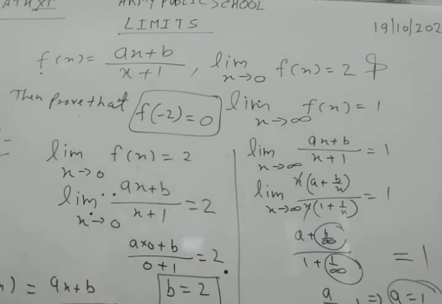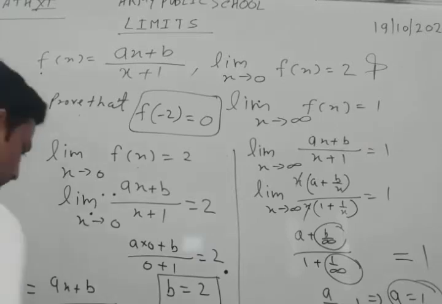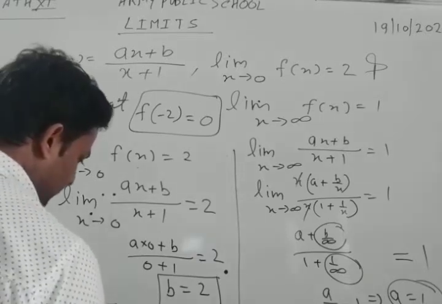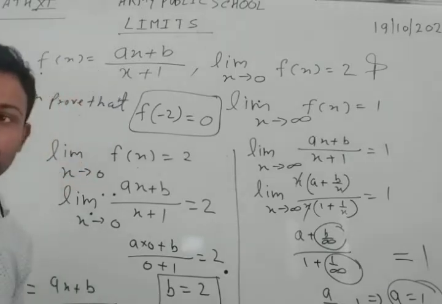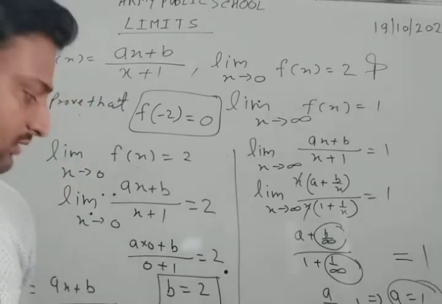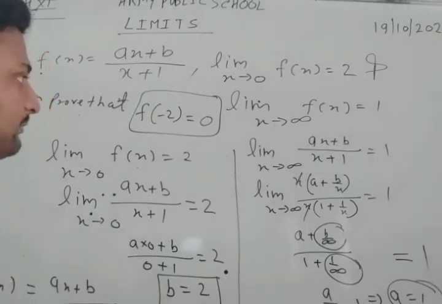Now put the value: f(minus 2) is (minus 2 into a is 1 plus b is 2) upon (minus 2 plus 1). So this is 0 by minus 1, this is 0. Hence proved.